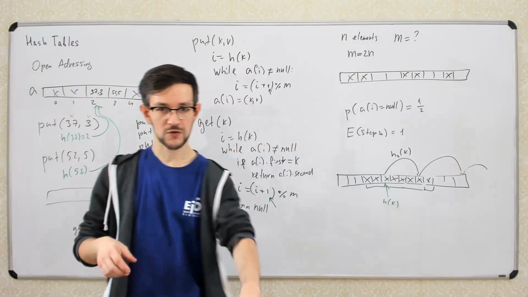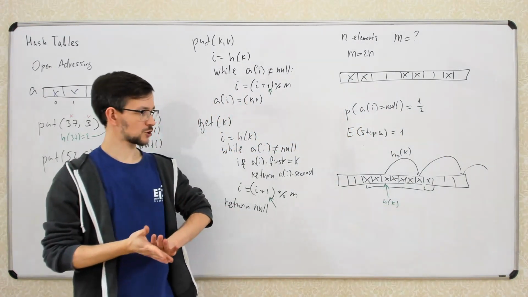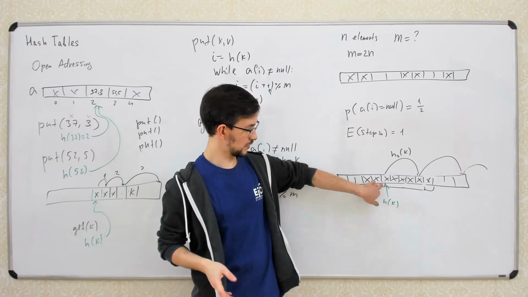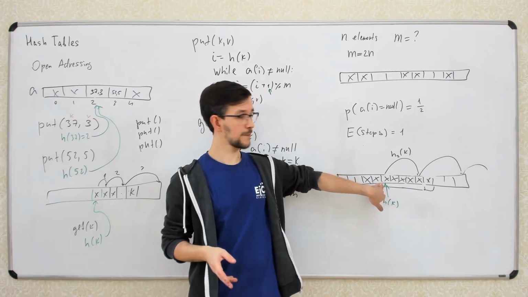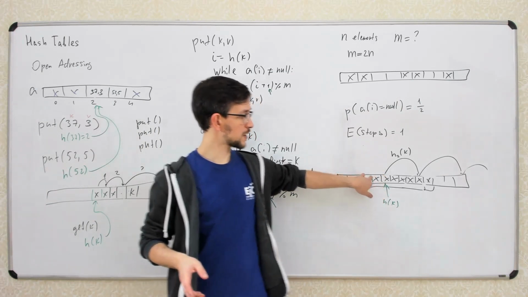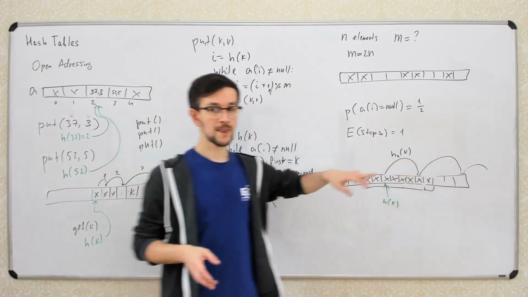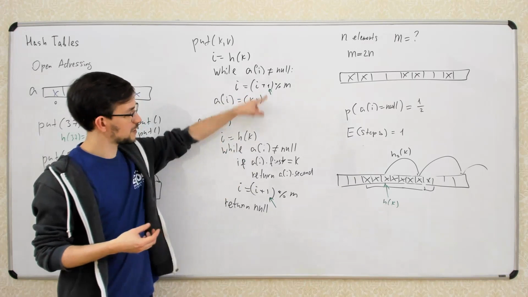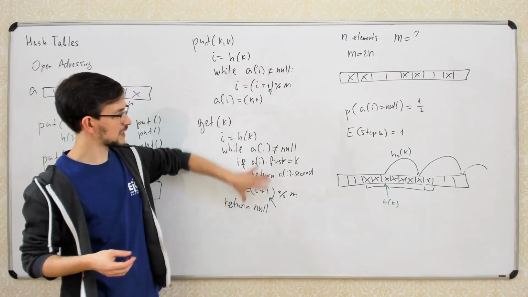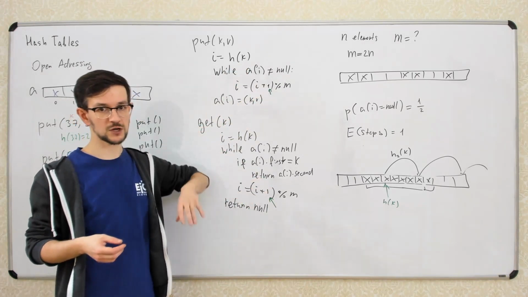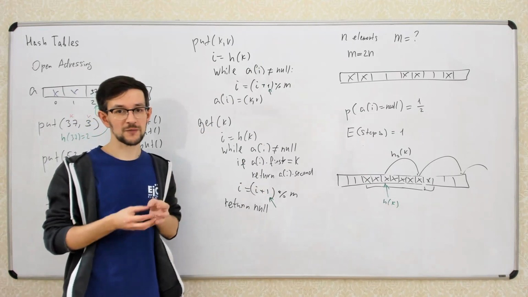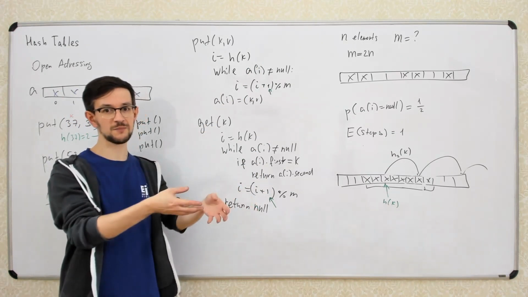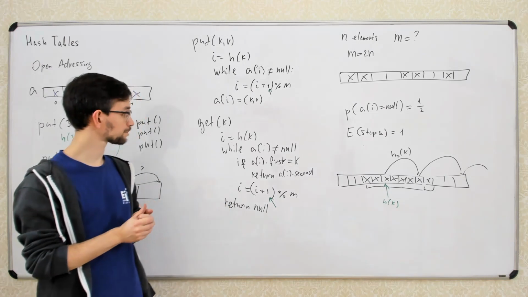So calculate 2 hash functions. The first hash function you use to find the initial index in the array, and the second hash function you use to make these jumps. And again, this second hash function will be the same here and here. So you will visit the same cells in both these functions. It means if you put something in the hash table, you will find it in the same place. That's it.